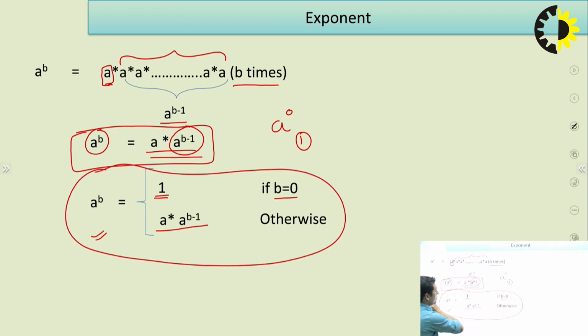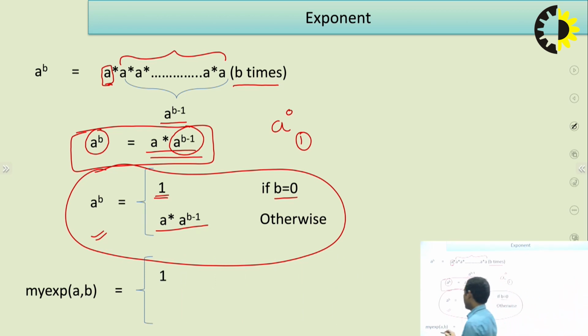Now convert this into the corresponding programming code. We are using Python here, so convert it into Python. In the function form we write the same thing as here. This is the function name myexp and two parameters, a and b, the exponent.